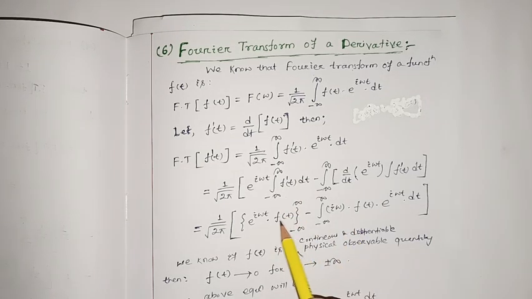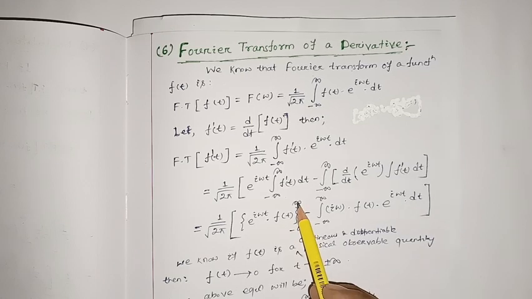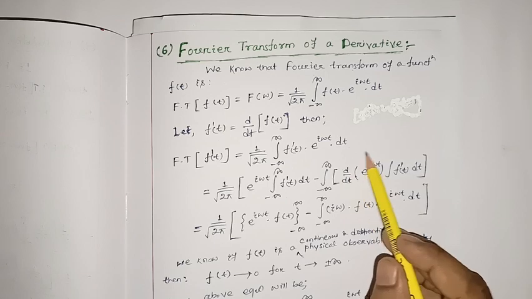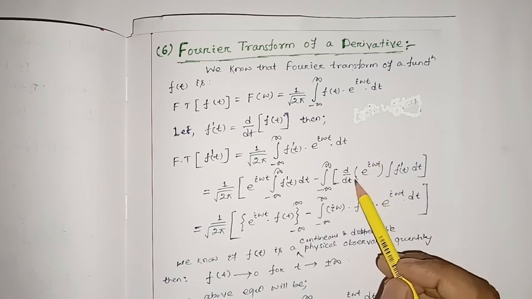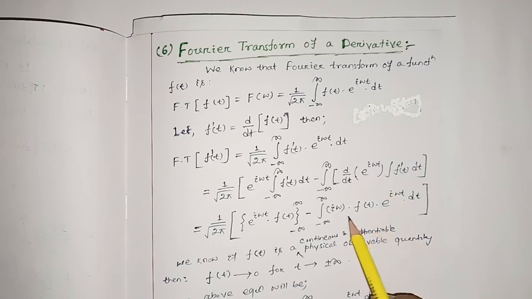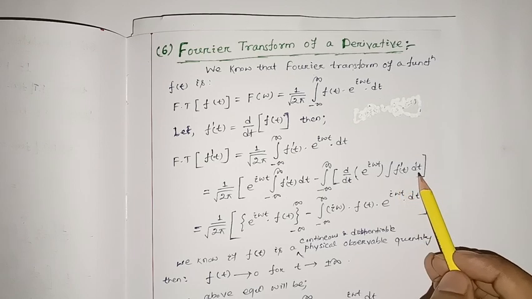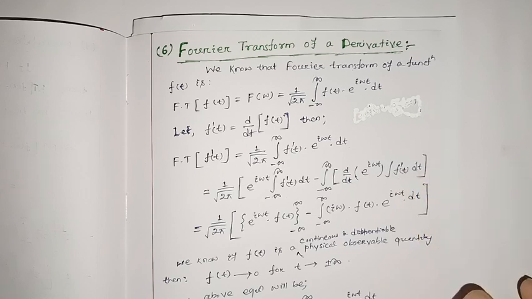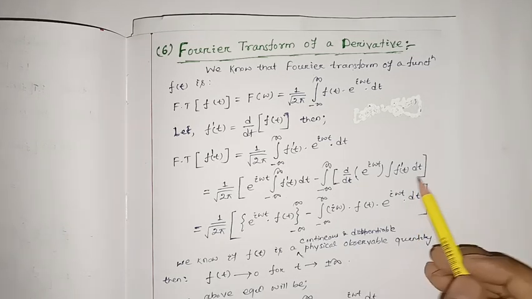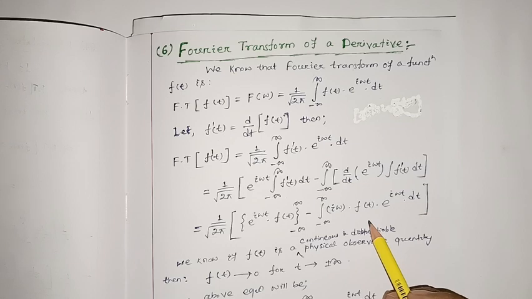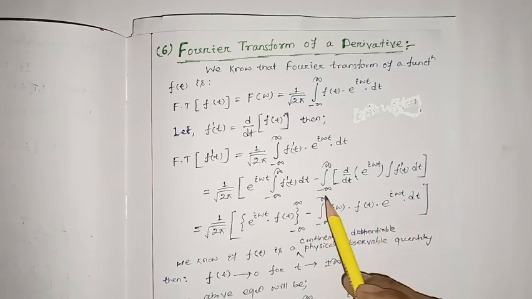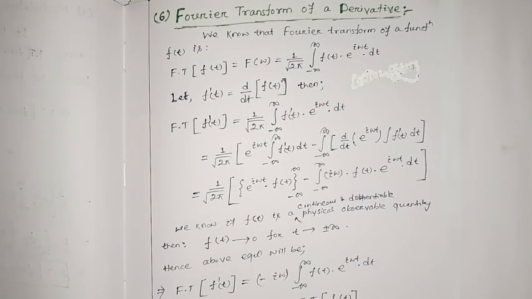So we get f(t) e to the i omega t evaluated from minus infinity to plus infinity, minus the integral of i omega e to the i omega t times f(t) dt.